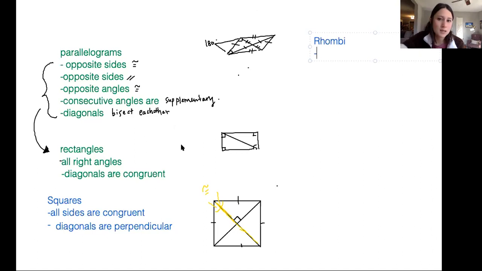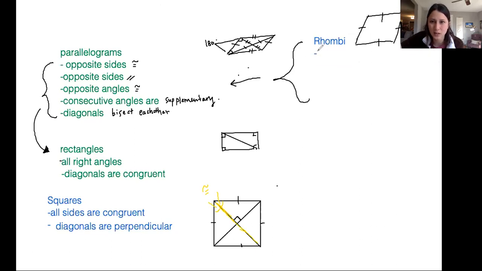It doesn't have the same qualities of a rectangle. It doesn't have the same qualities of a square because it doesn't have 4 right angles. But really a rhombus is like a squished square. So if we draw a picture, a rhombus is like a square that's been kind of stepped on, maybe like just squished a little bit. So all these sides are the same. And it has the qualities of a parallelogram. So a rhombus has all the same qualities as a parallelogram.